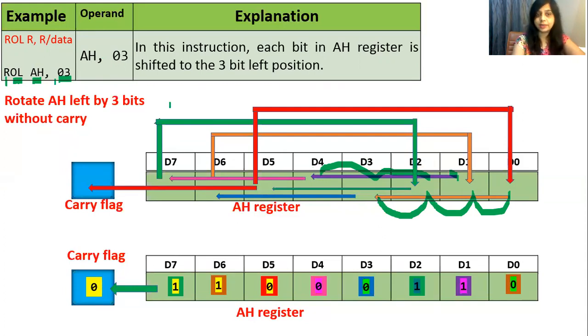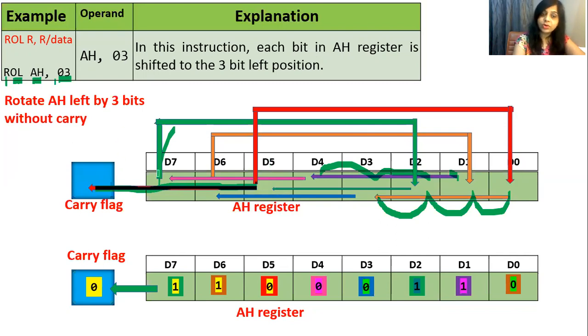Now what happens to the bit which is at D5? In first rotate, this bit will enter here. In second rotate, it will enter here. And in the third rotate, it will enter in the carry flag, and it will also enter in D0 position.